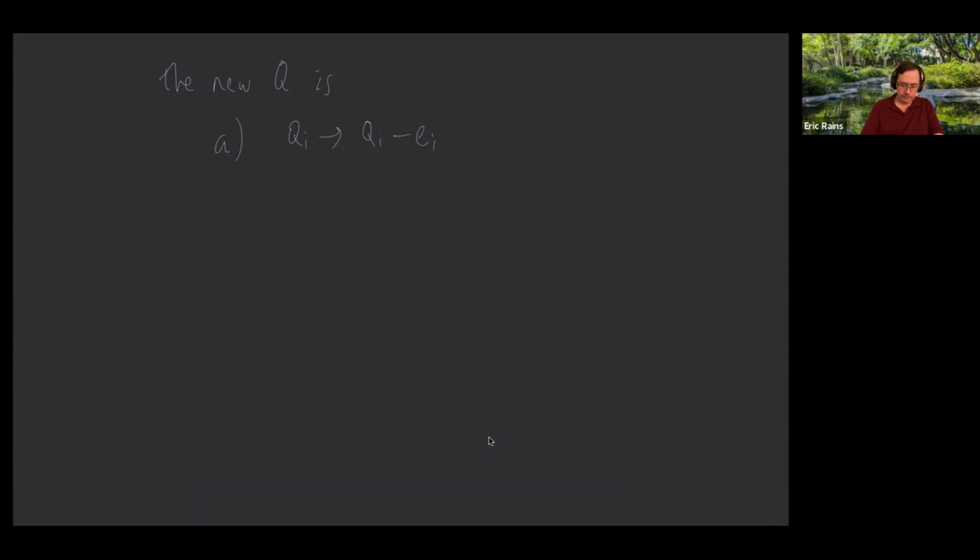And if the multiplicity of QI is bigger than 1, we get a new component, EM, with multiplicity MI minus 1.